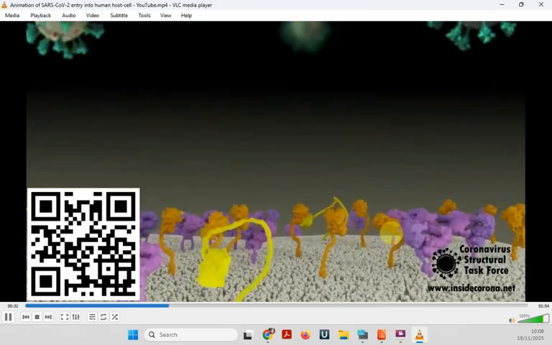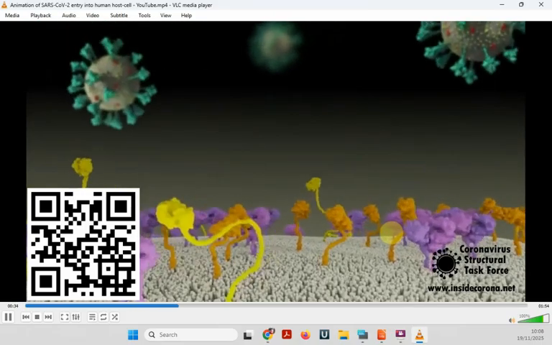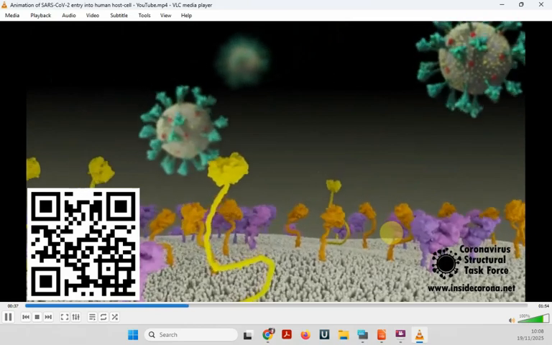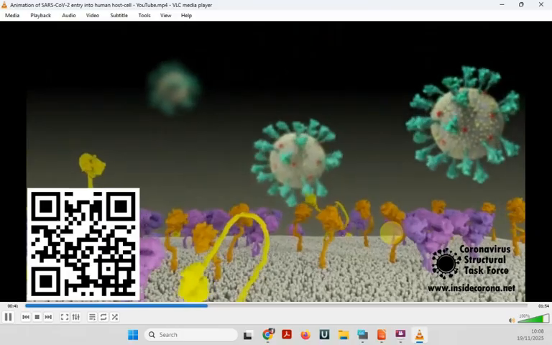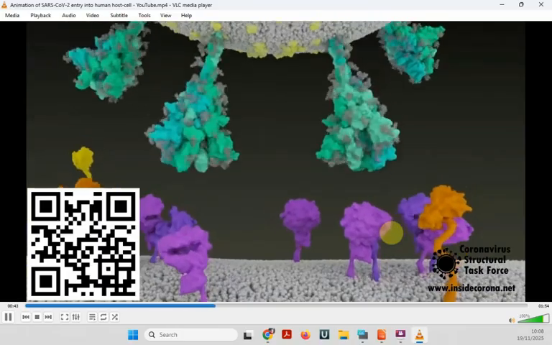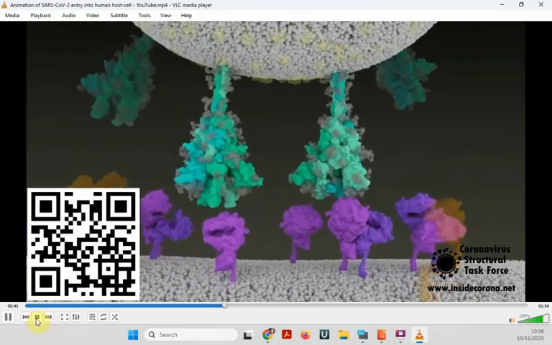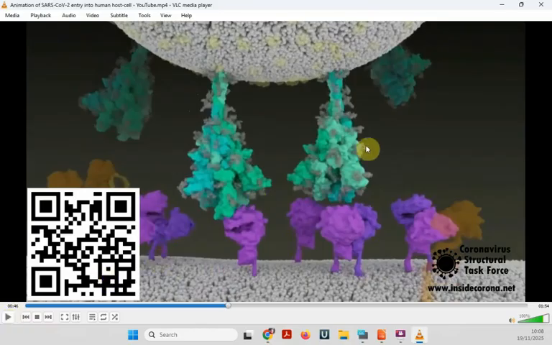So the first thing that's going to happen is the binding to the receptor with the S1 domain. So these globular heads. What are all these little gray things up here on this animation? All of this whole thing is a spike trimer.